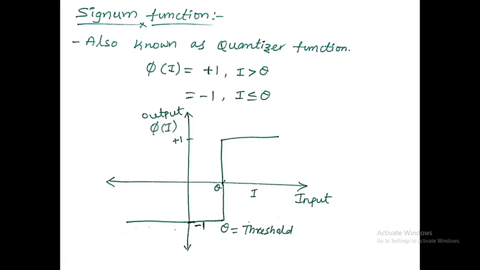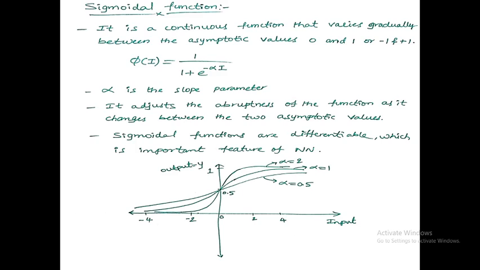Now let us see another activation function, that is the sigmoidal function. The sigmoidal function is a continuous function which can vary the values between 0 to 1 or -1 to +1.